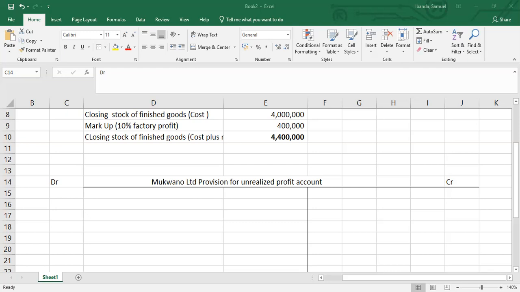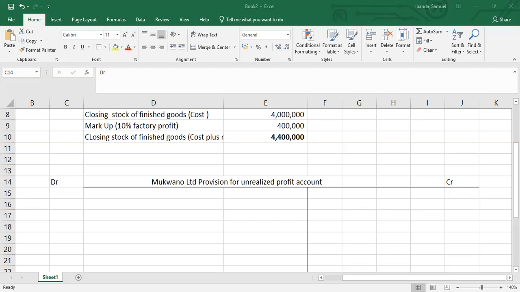Since we've already calculated our unrealized profit, which is 250 on opening stock and 400 on closing stock, when it comes to our provision we are going to have our opening and closing, and then get the difference that we shall take to the P&L.